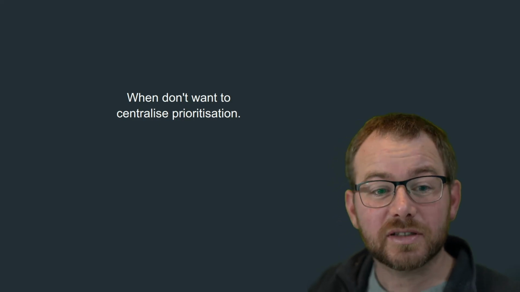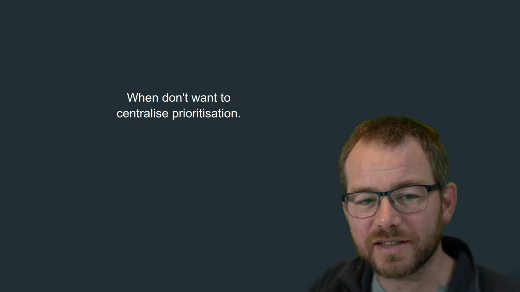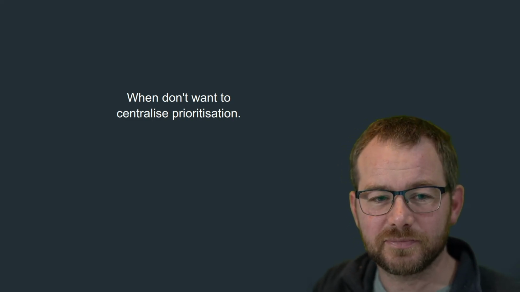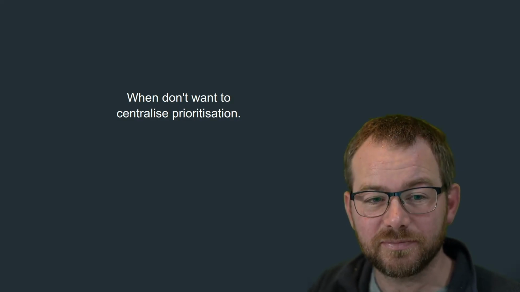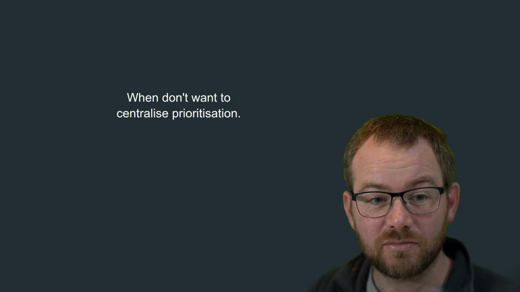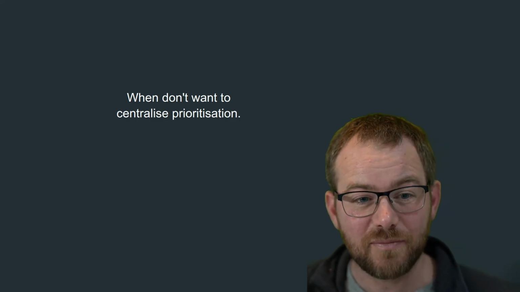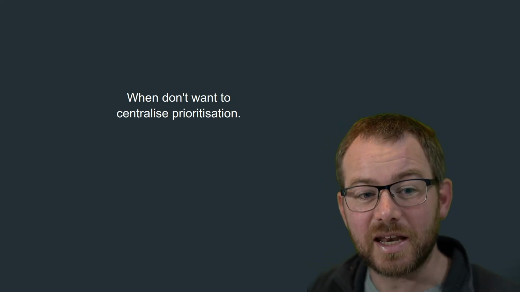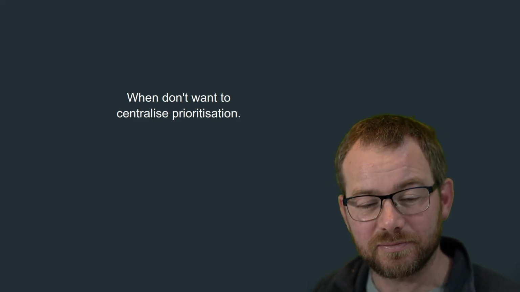Shared development sidesteps that problem completely. In a shared development model, there's not a single backlog because multiple teams are contributing. So, development can happen in parallel with care. And each of the teams can decide which is top of their backlog.